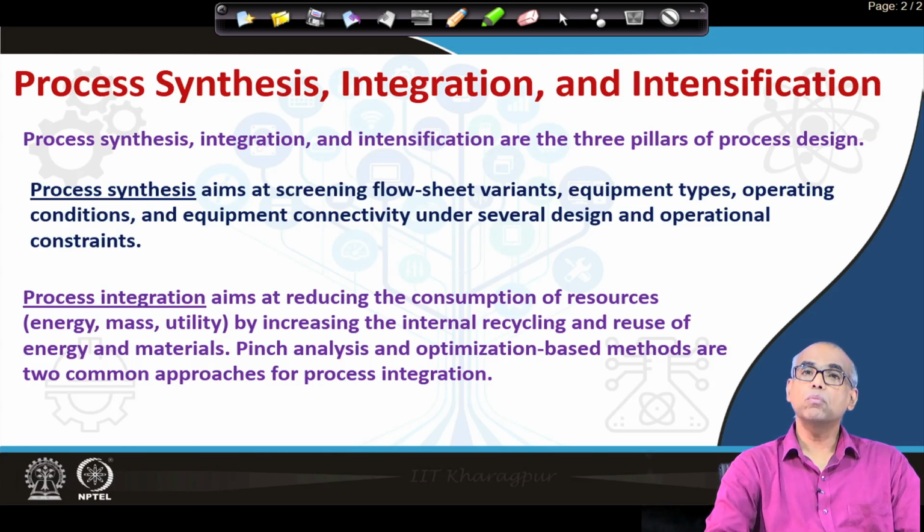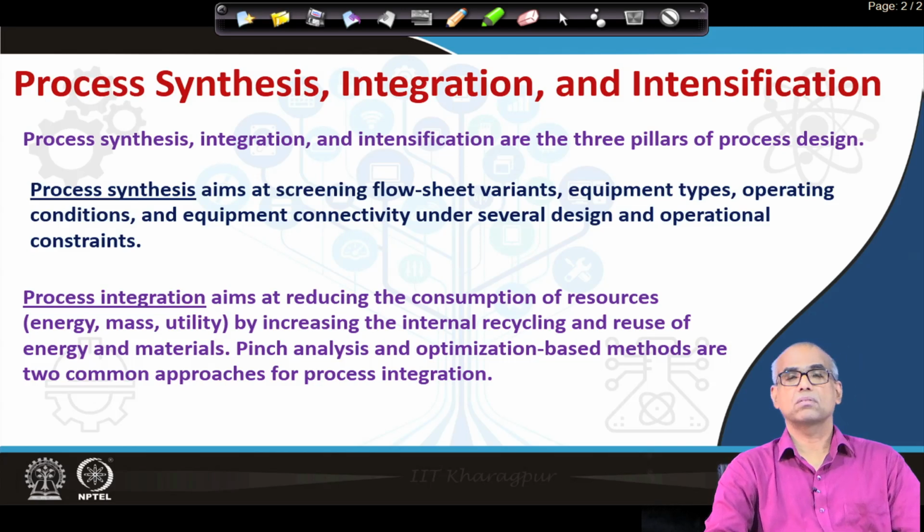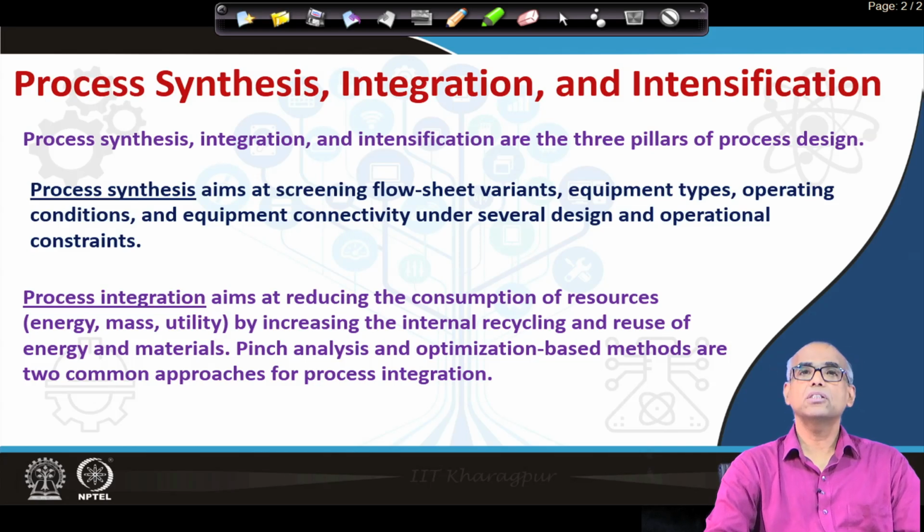The two common commodities that are consumed in any chemical process industry are energy and mass. So, both energy integration and mass integration are very important for a chemical process industry. This leads to an efficient and sustainable process.